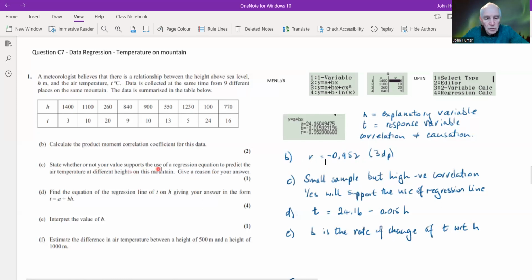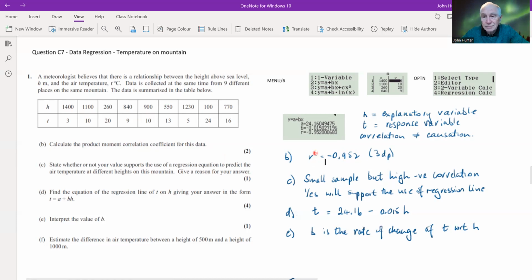State whether or not your value supports the use of the regression equation to predict the air temperature at different heights on this mountain. Well, it is a small sample, only 9 data pairs, but this is a strong negative correlation. And now we can do a significance test. If we go back to a previous video, you'll notice we used a table of values to determine whether or not a correlation coefficient is significant for a particular sample size.